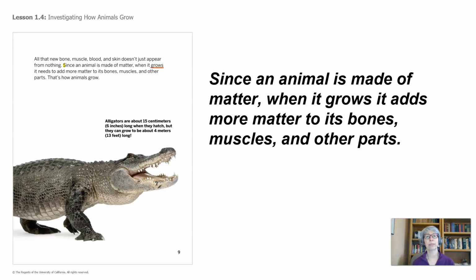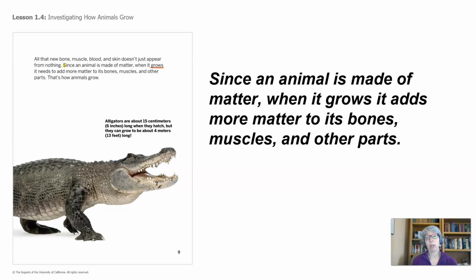Let's take a look at this one. In the book on page 9, all the new bone, muscle, blood, and skin doesn't just appear from nothing. I think that's a double negative. Anyway, since an animal is made of matter, when it grows, it needs to add more matter to its bones, muscles, and other parts.